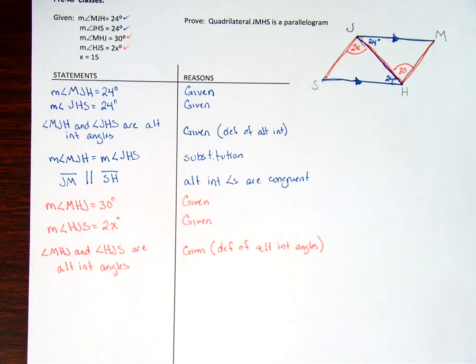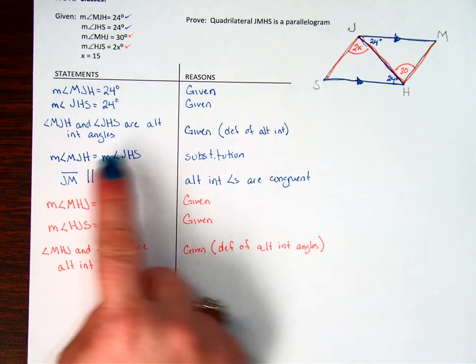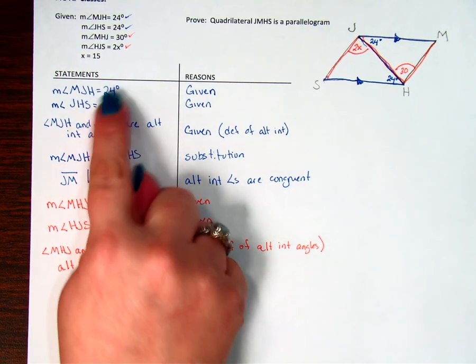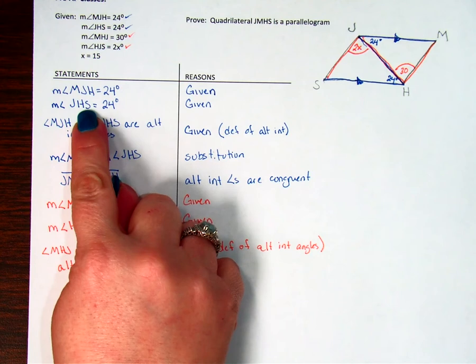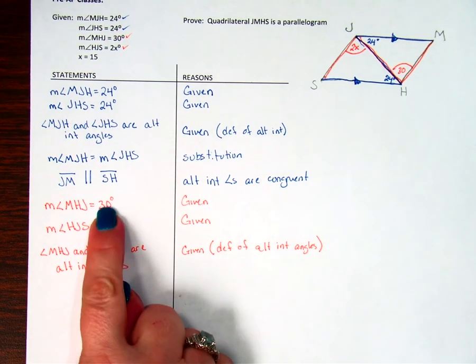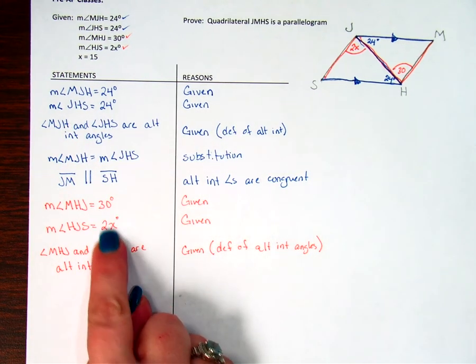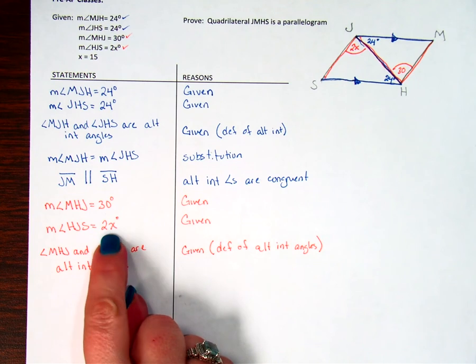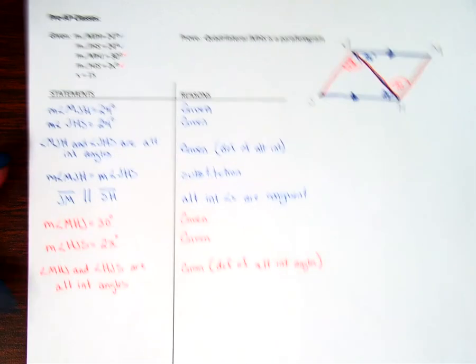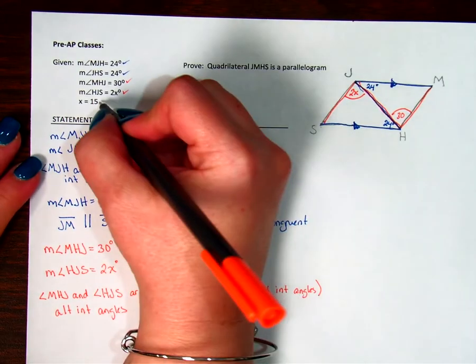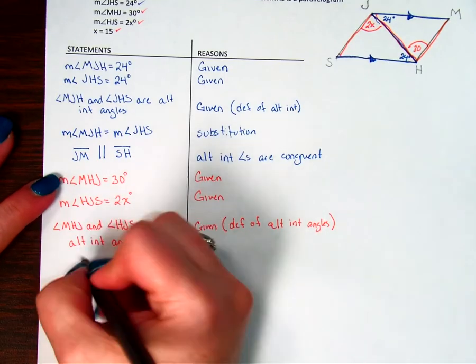But now I can't do what I did on the next one. The next one I did the substitution because both of these equal 24. That means they have to equal each other. But here, both of these don't equal 30, right? One equals 30, one equals 2x. So I need to figure out how to make this one equal 30, which means I need to use that last given, x equals 30.